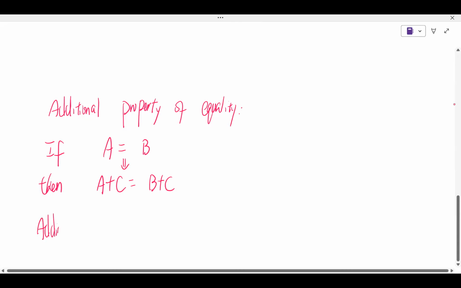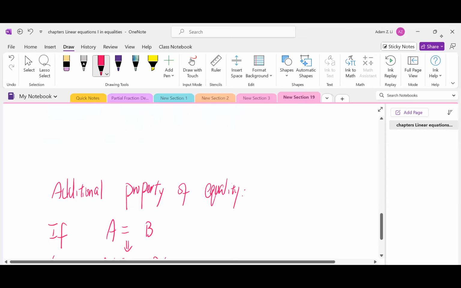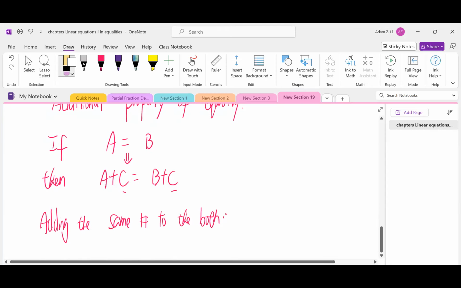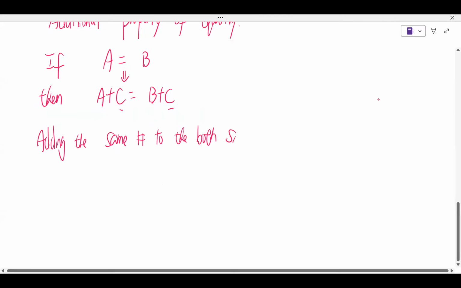It has to be the same number, the same C, on both sides.